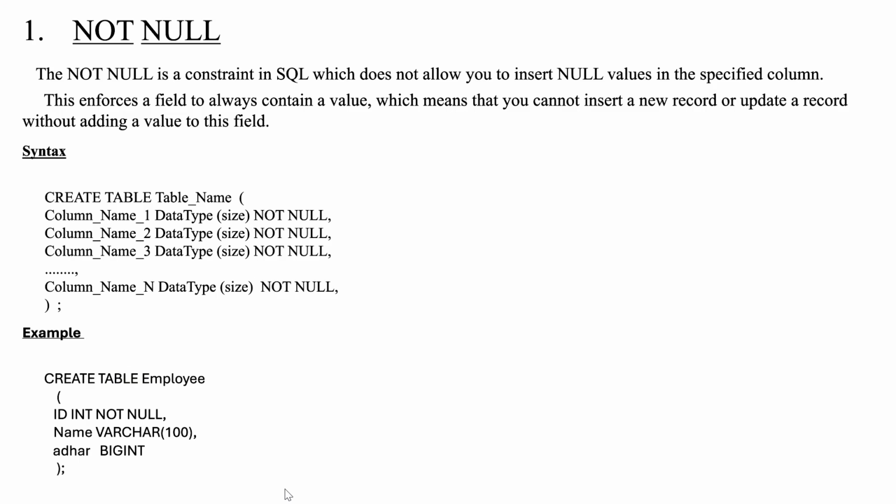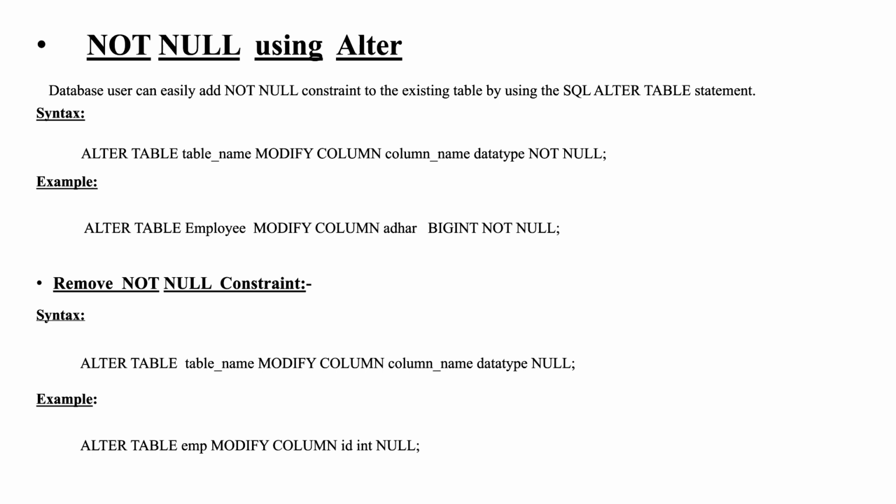Okay, so the next point is not null using the alter command. A database user can easily add a not null constraint to an existing table by using the alter table statement. If you already have an existing table and you want to add a not null constraint to a particular column, then you can use the alter command.